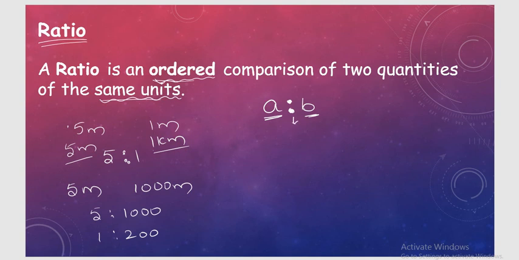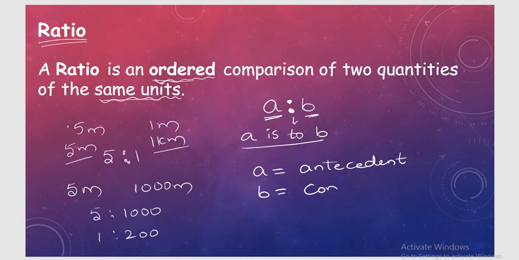Here A is what we call the antecedent, or first term. In the same way, B is called the consequent.